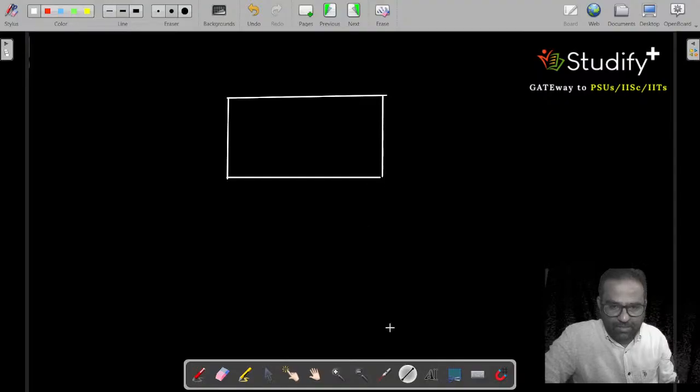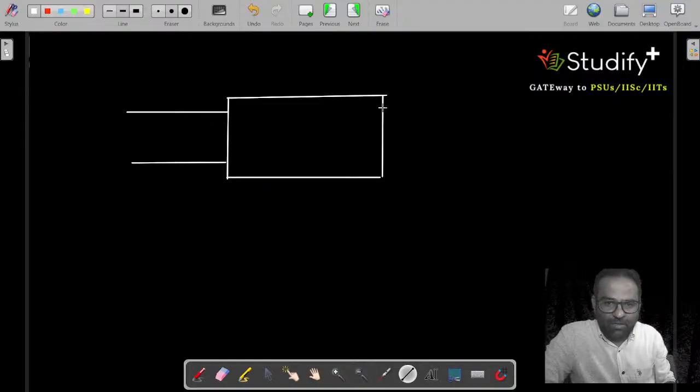Let's say you are applying input here. This is our input voltage, and this terminal represents the output.